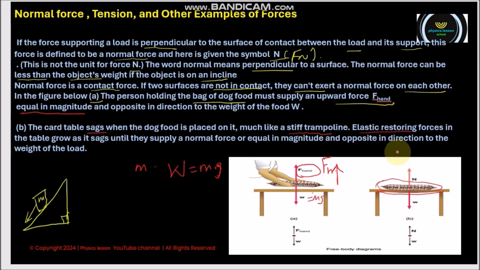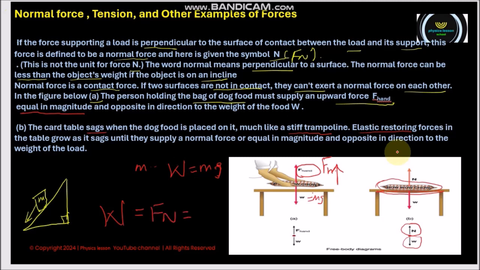That means when the food is placed on the table, it shows sag. There is elasticity, that means stretchability, bending, it shows. So in this case, the normal force is upward and the weight is downward. That means the weight of the object is equal to the normal force.